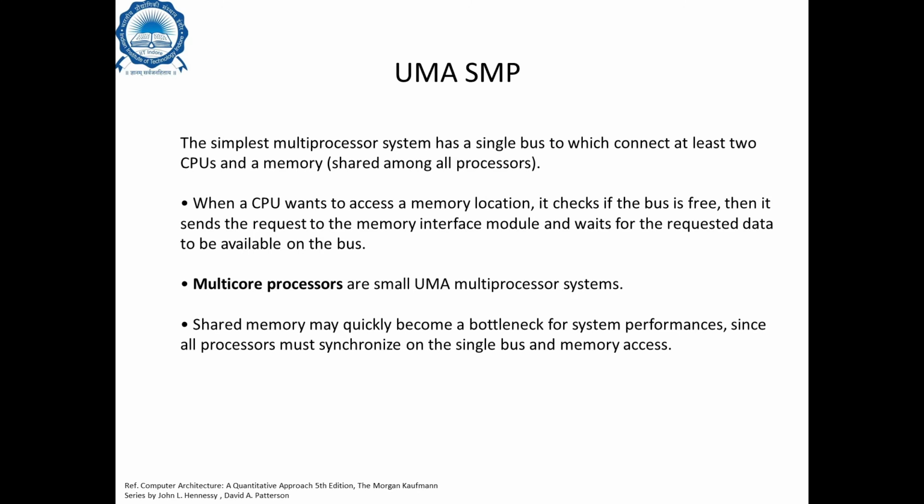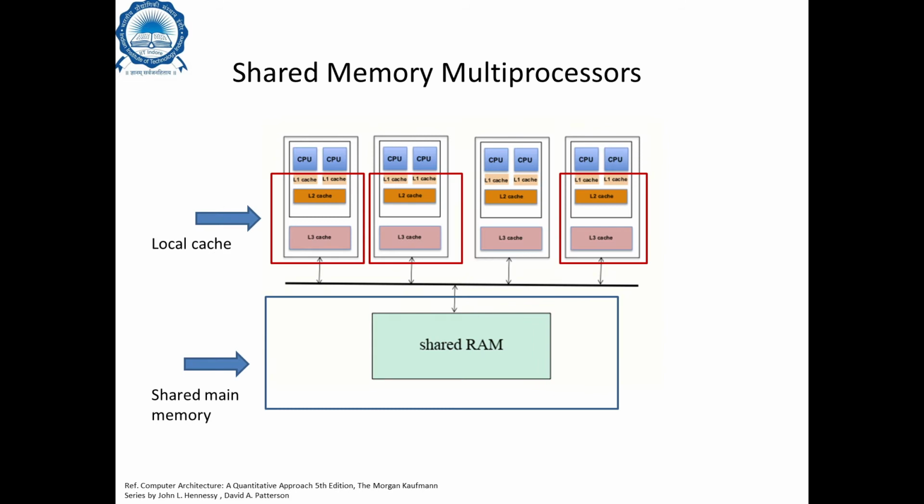So this is the trade-off, or the flip side of having a uniform memory access based SMP, that it may become a bottleneck for system performance since all processors have to synchronize while using the same bus and the memory access. So this is another diagrammatic view of SMP or UMA SMP.